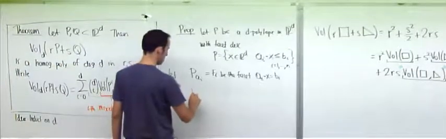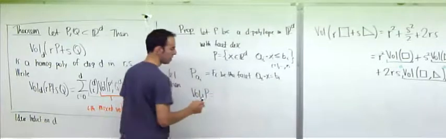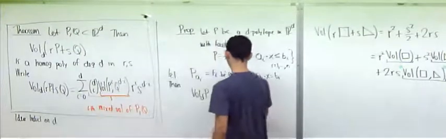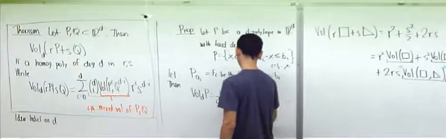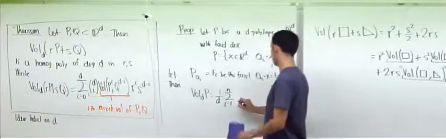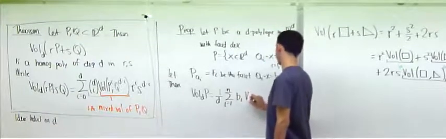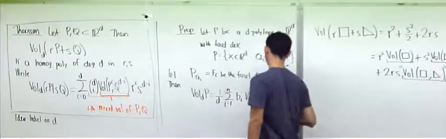Then the volume of my polytope can be expressed as 1 over d times the sum from I equals 1 to n of these numbers bi times the volumes of the facets.